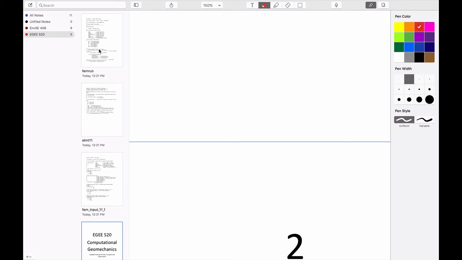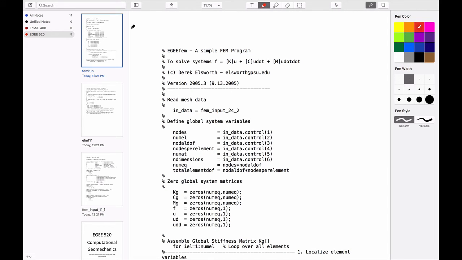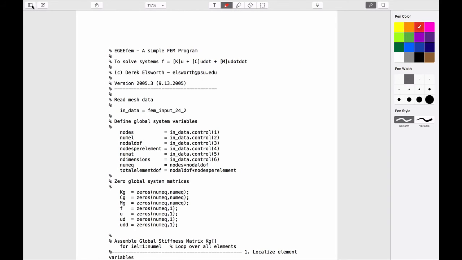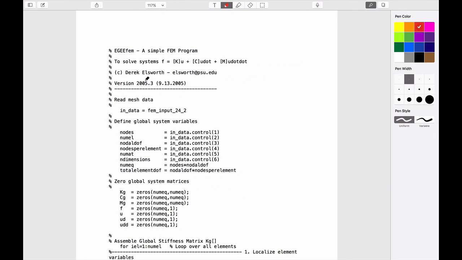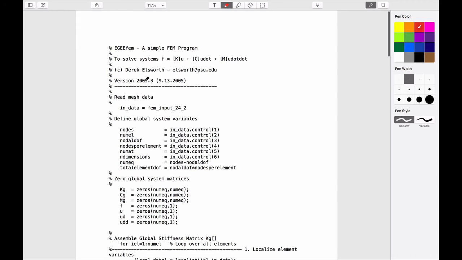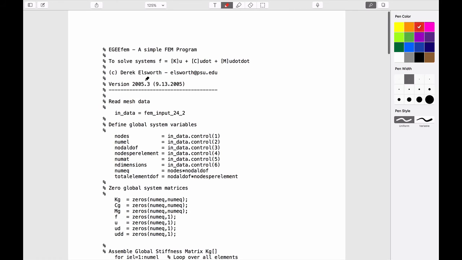So the next step up from this then is to codify it in a slightly different way.